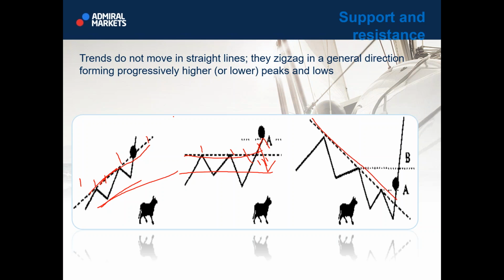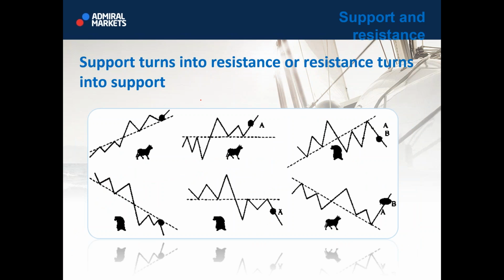Okay, so if a trend line is respected, then there is a big opportunity that the trend will continue. If an important trend line is broken, that means that a new trend can be formed, okay? Now, support turns into resistance, or resistance turns into support. This is always the case when we have a retest of a formerly broken resistance or support.